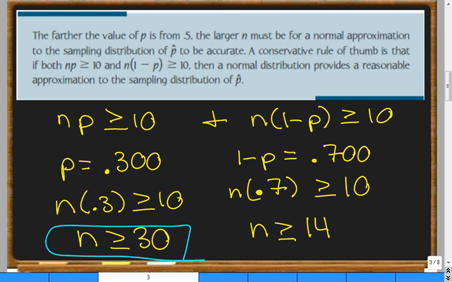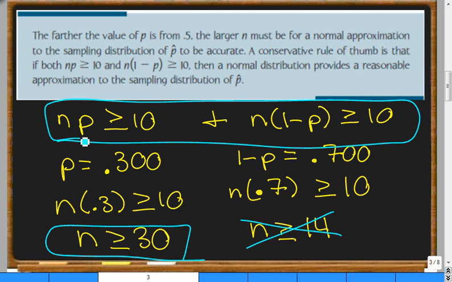You would not use the other number, it's too small. You always want to use a larger sample size. This general rule is going to hold for everything that we do. We need to know that this is true before we use the normal distribution to solve problems.